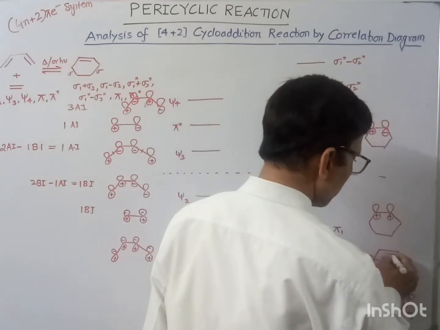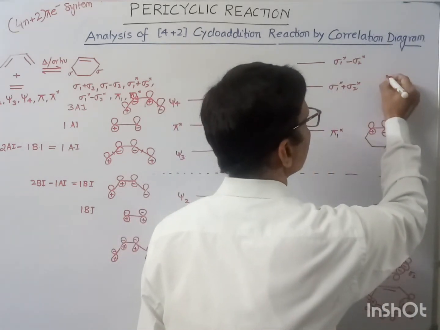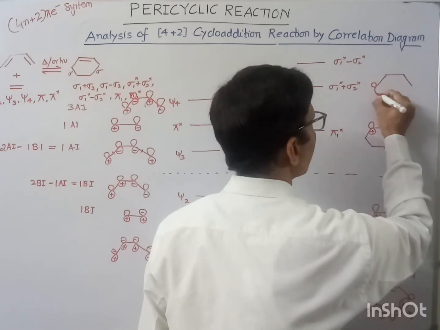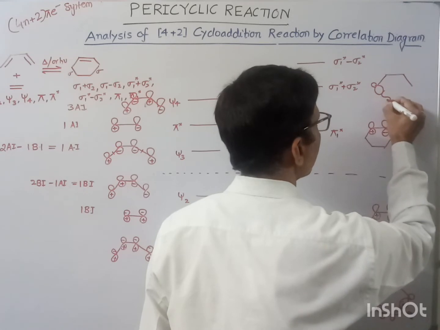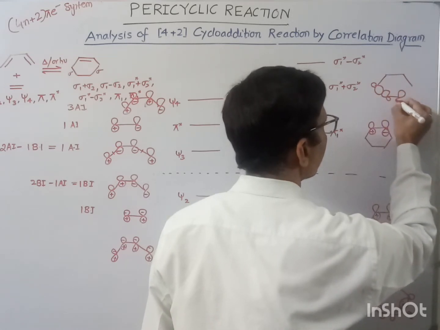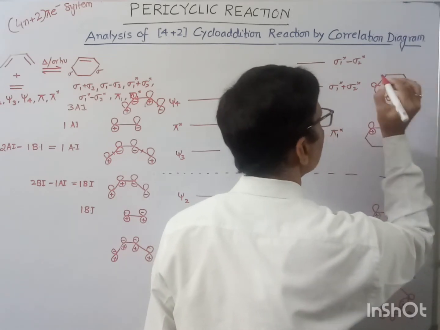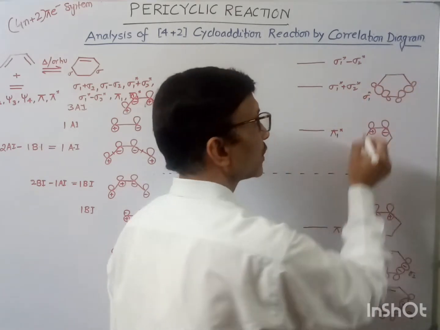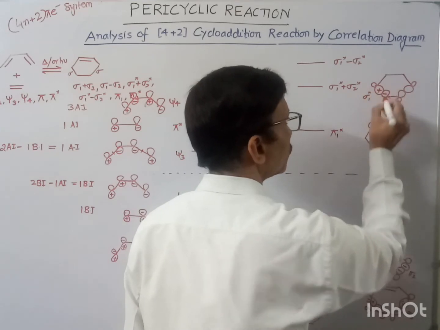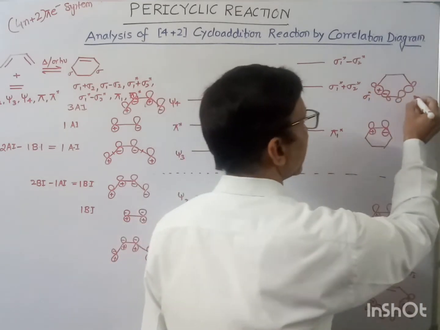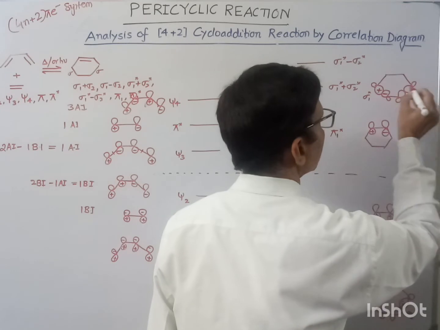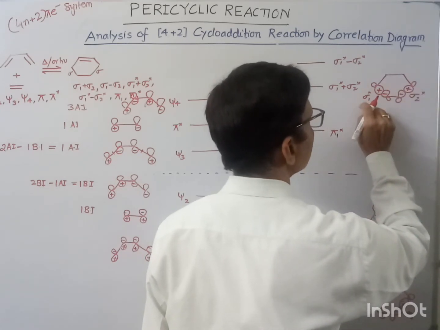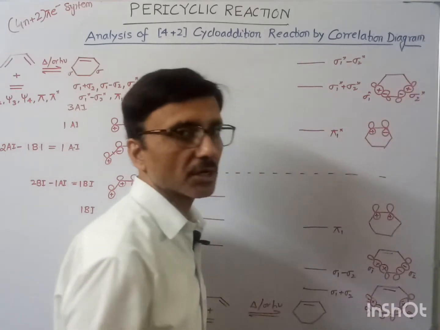On the same basis we may write sigma 1 star plus sigma 2 star. If you want to write sigma 1 star, then one lobe has the plus sign, another lobe has the minus sign, and sigma 2 star is again plus and minus. So this is sigma 1 star plus sigma 2 star.